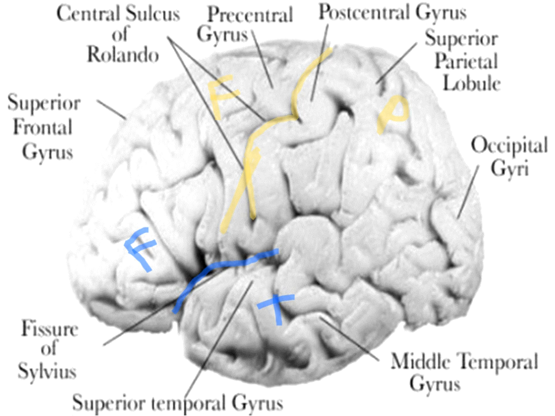Okay? But this fissure also separates the temporal lobe from the parietal lobe. Everybody got it? You have to know the names of all of the fissures, so I'm getting ready to teach you that.